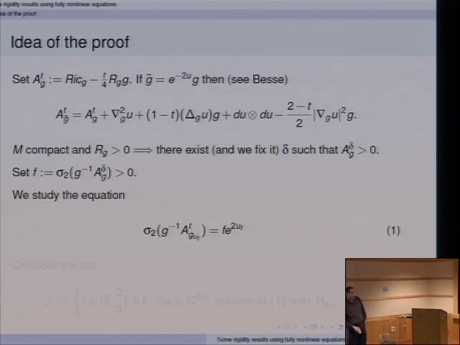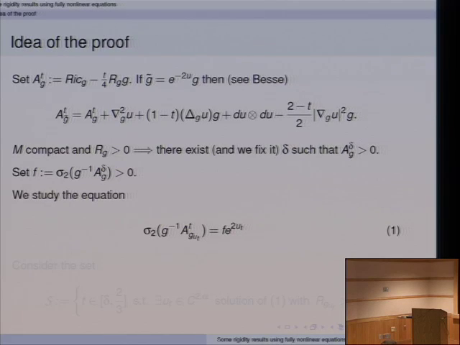So what is the equation we study? Sigma 2 of A_{G_{u_t}}. So what does it mean here? We consider a family of equations. For each parameter t bigger than delta, we consider this equation. So for each t, we're looking for a solution u_t.